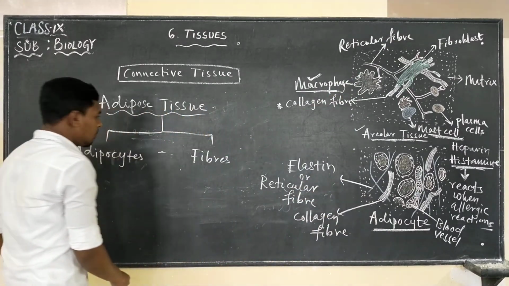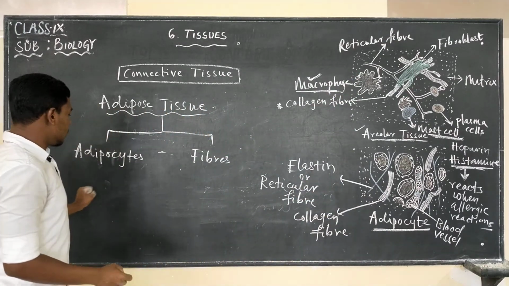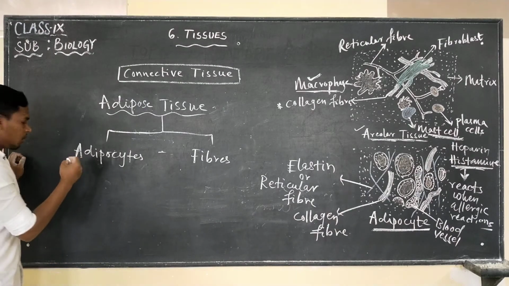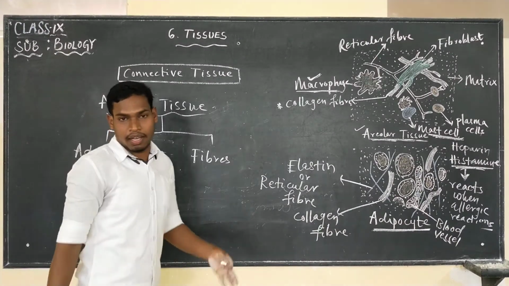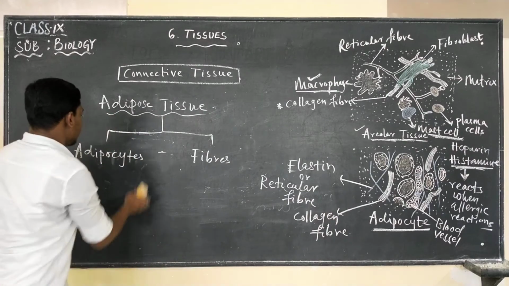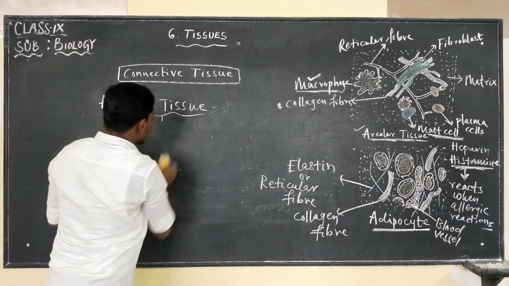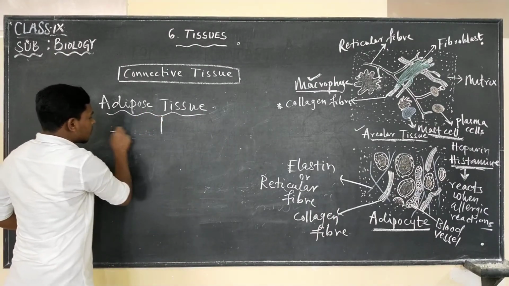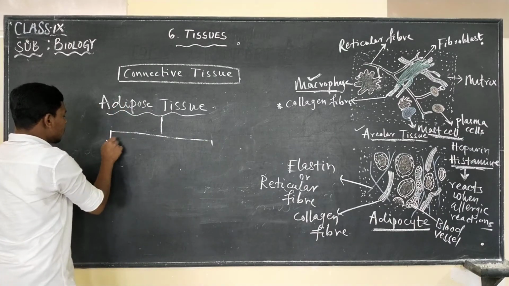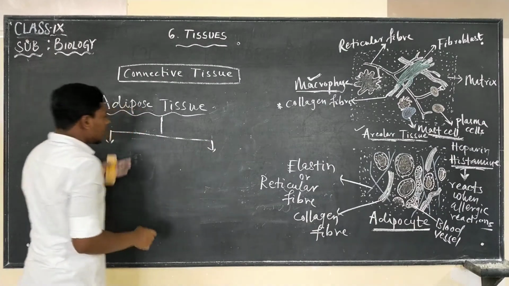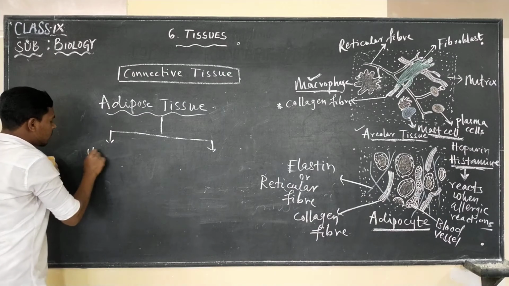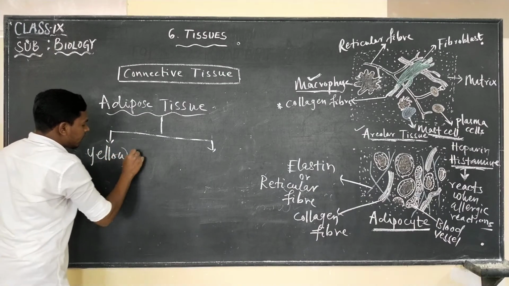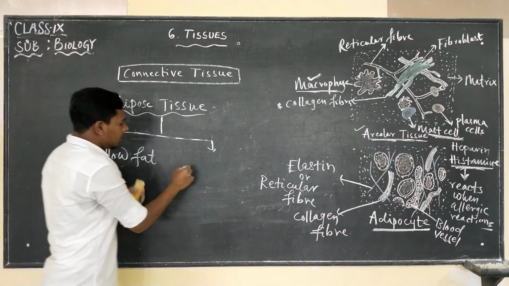Based on the function, again they are of two types: yellow fat and brown fat.